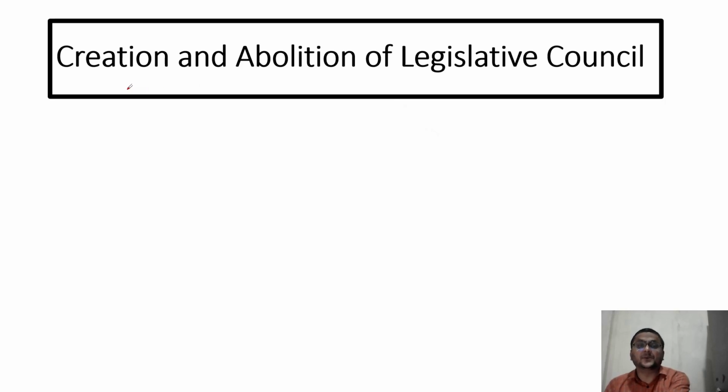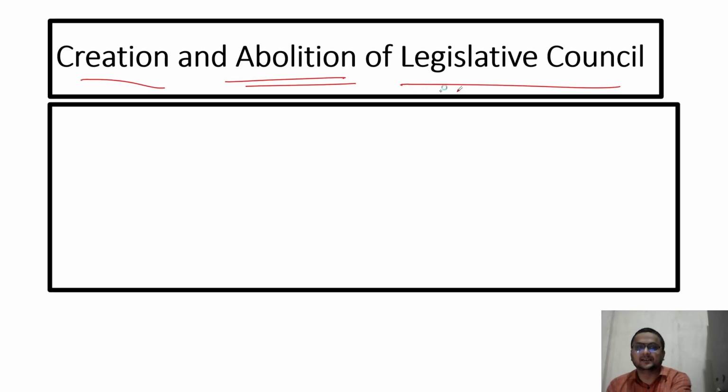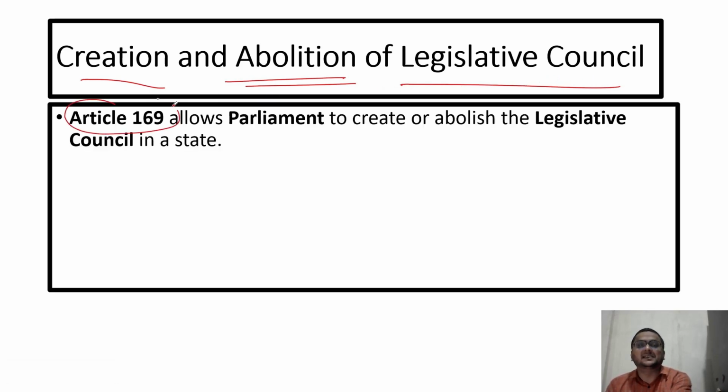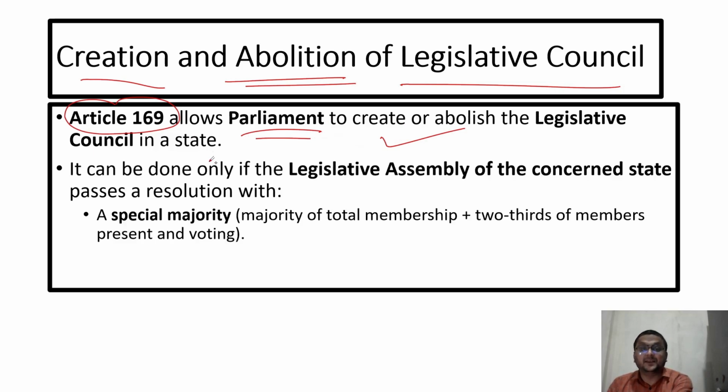The next topic that we are going to see is the creation and abolition of the Legislative Council. Article 169 allows Parliament to create or abolish a Legislative Council in a state. It can be done only if the Legislative Assembly of the concerned state passes a resolution with a special majority. Here, special majority means a majority of the total membership plus two-thirds of the members present and voting.